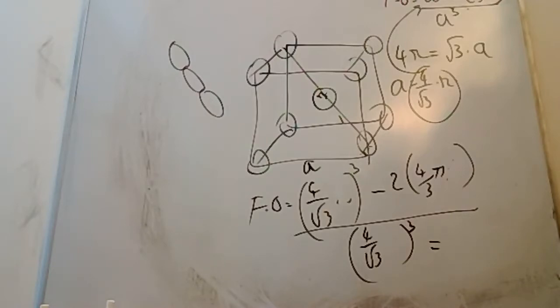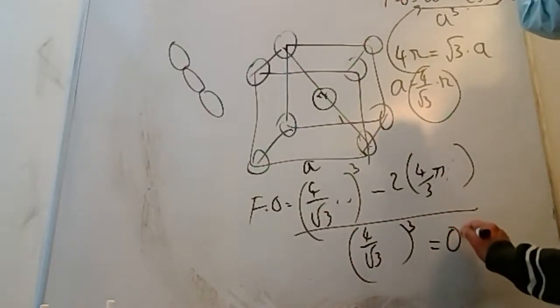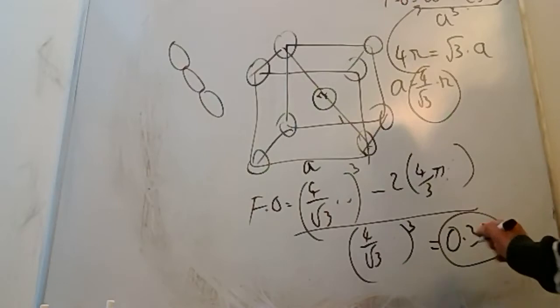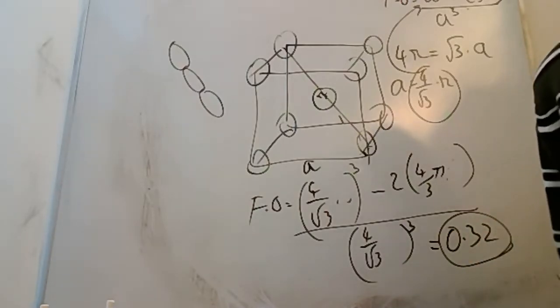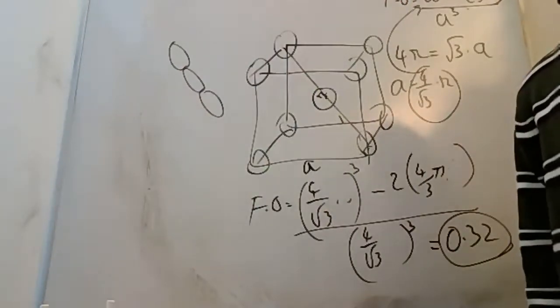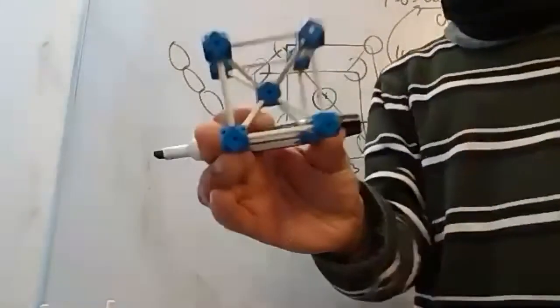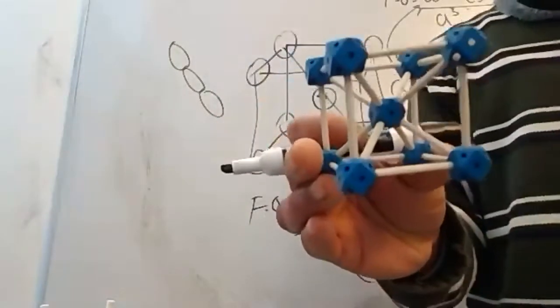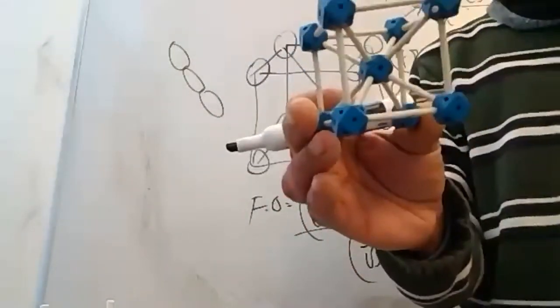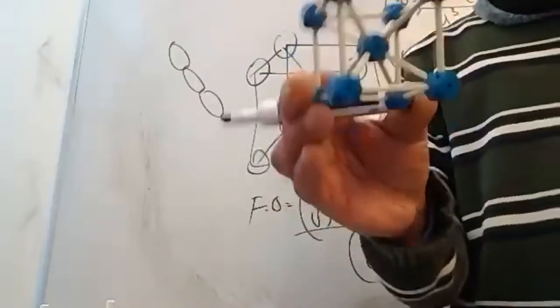Is it 0.32? That's what I got. You are absolutely correct. So in body-centered cube, we have 32% empty space, only 68% is occupied.